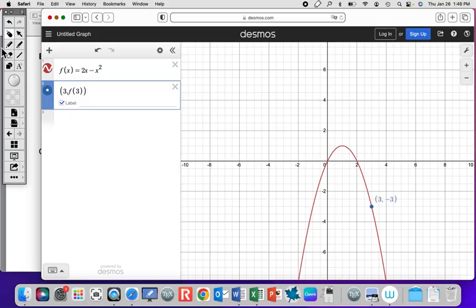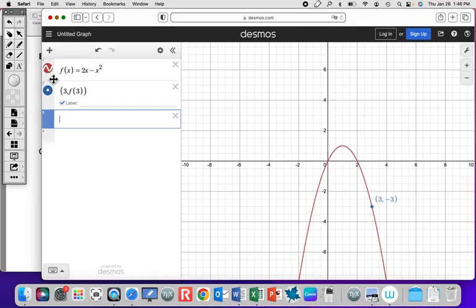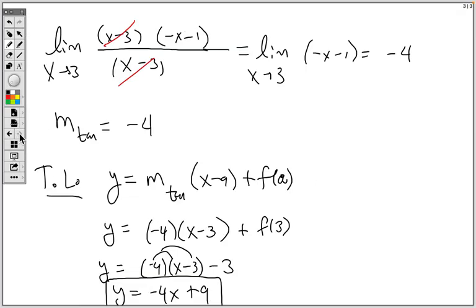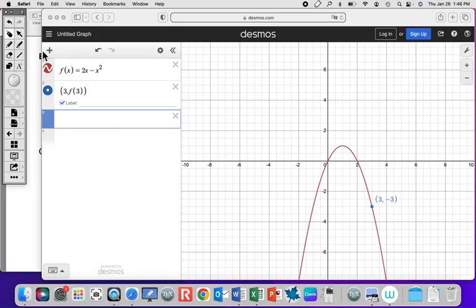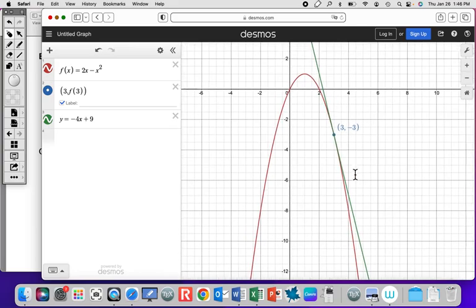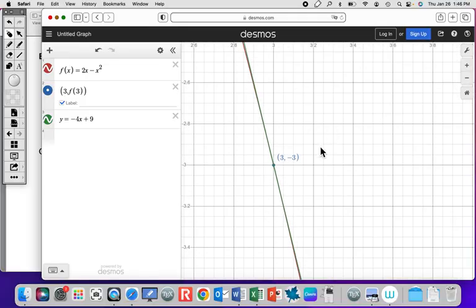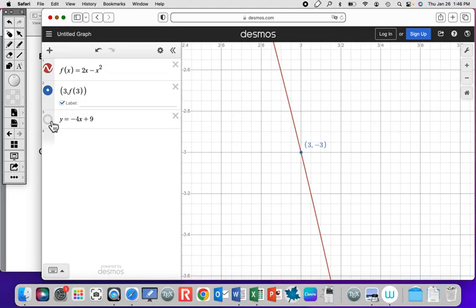Boom, 3, negative 3. And we're looking at the line y equals negative 4x plus 9. There we go. And now as I zoom in to the graph near the point 3, negative 3, we can see that the graph of the function and the graph of the line become indistinguishable. So that's the local linearity.